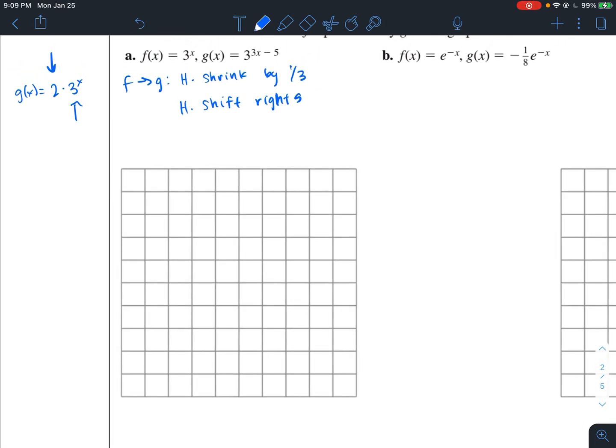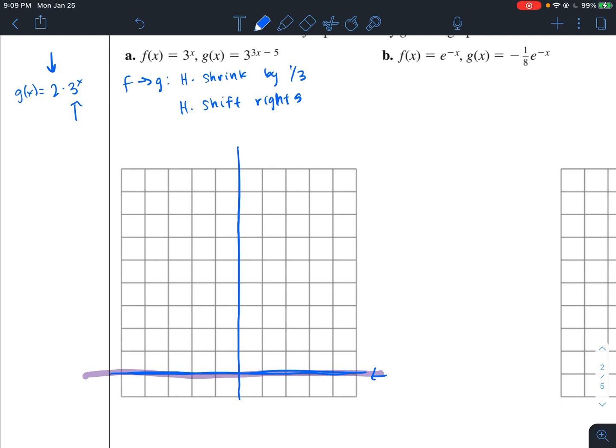So there's no vertical transformation. Nothing vertically is happening to the function. So we're not going to move the asymptote. The asymptote is going to stay right here, at the x-axis.